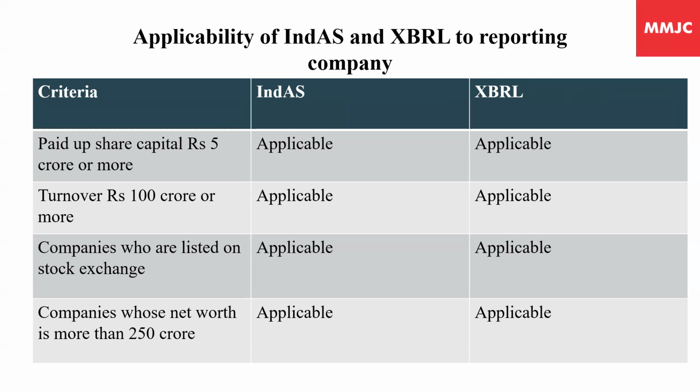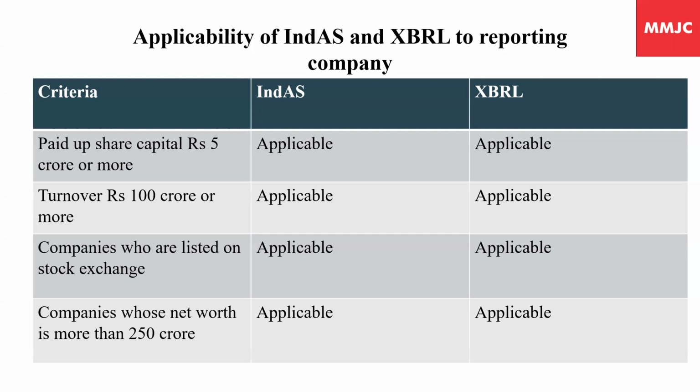For example, such reporting companies whose turnover is more than 100 crores, but net worth is not more than 250 crores. But there cannot be any company to whom Ind AS is applicable, but XBRL is not applicable, other than NBFCs, of course, who are exempt from XBRL requirements.